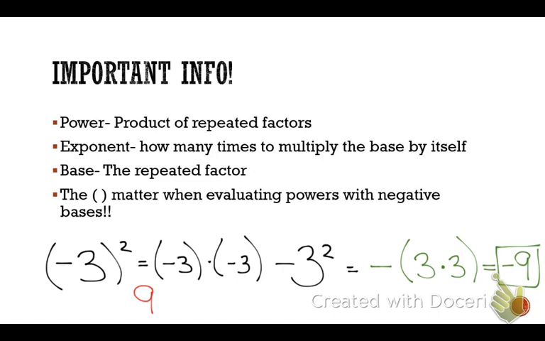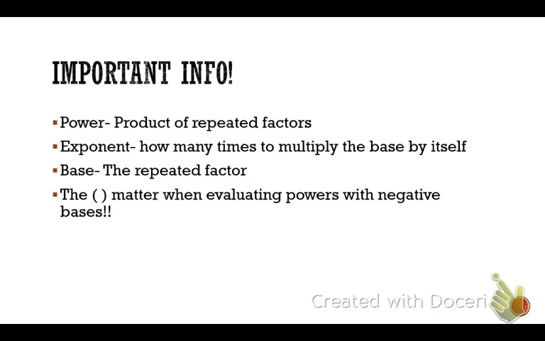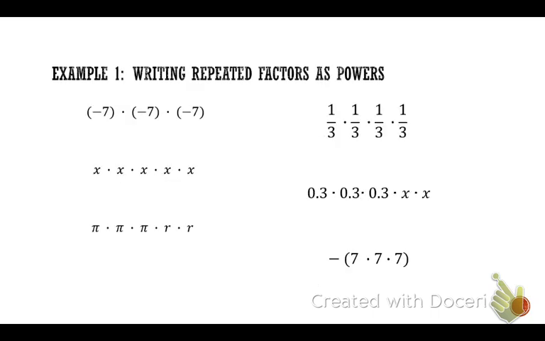Now, that's new, so that might take you a couple times to practice. So example 1. In example 1, all we're doing is writing the repeated factors as powers. You have a section like this on your homework. We're not evaluating anything. We're recognizing the repeated multiplication and writing it as a power.